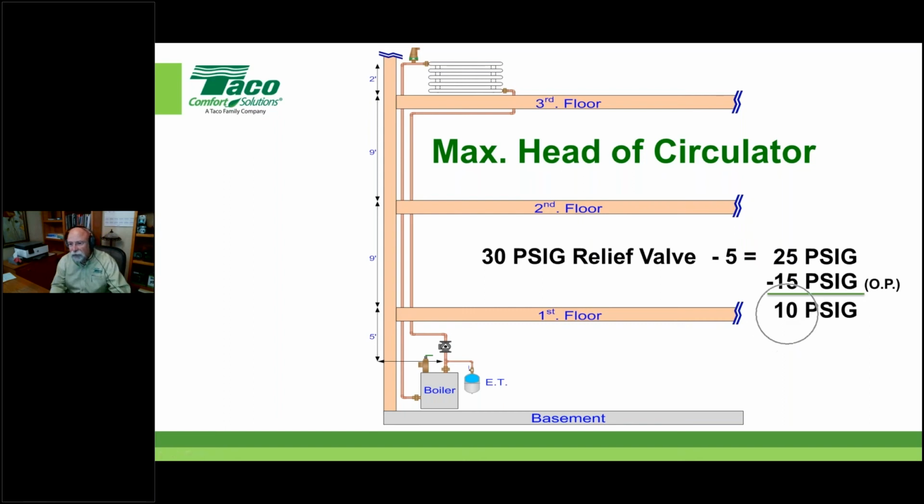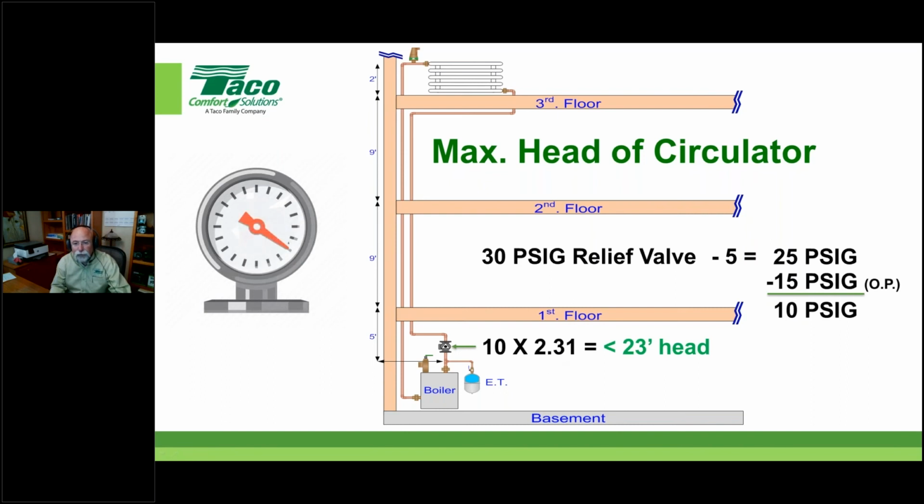Again, seminar land, we use nice round numbers. 10 psi, we take that divided by 2.31. We're just saying make sure that circulator doesn't have the ability of doing 23 feet of differential pressure to the system, and you'll never have to worry about popping this relief valve if it was piped incorrectly, like sometimes they still are. Okay, any questions, clarifications for now, John?